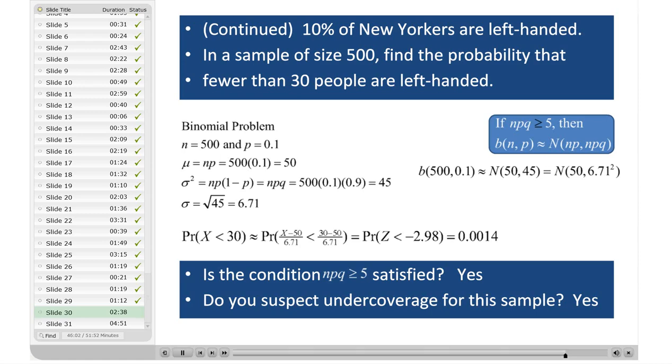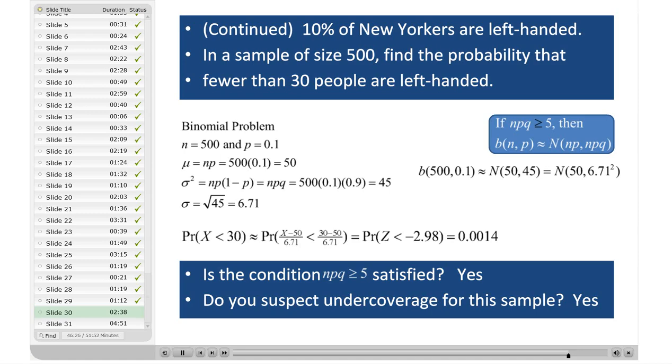If you got fewer than 30 people, that's way fewer than you should have gotten, because we actually calculated the probability that that happened would only be about 0.0014. It's about 1/10 of 1%, so it's extremely unlikely that if 10% of your population is left-handed and you take a sample of size 500, that you get less than 30 people who are left-handed.